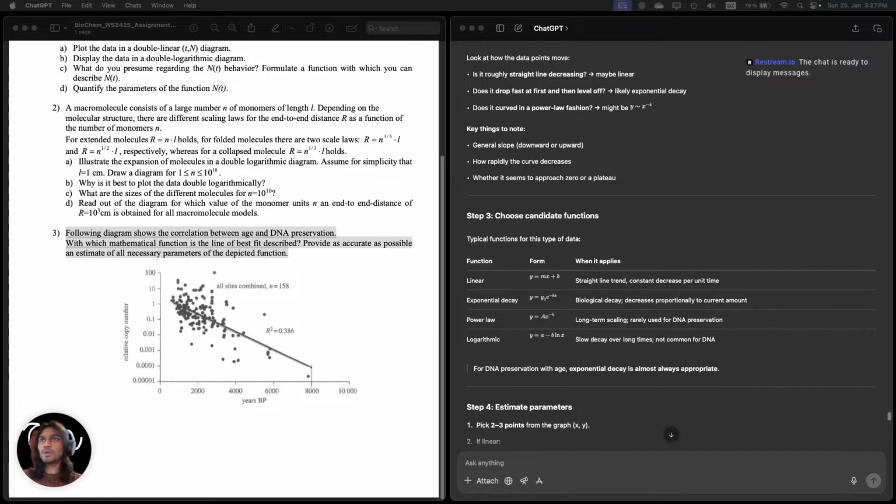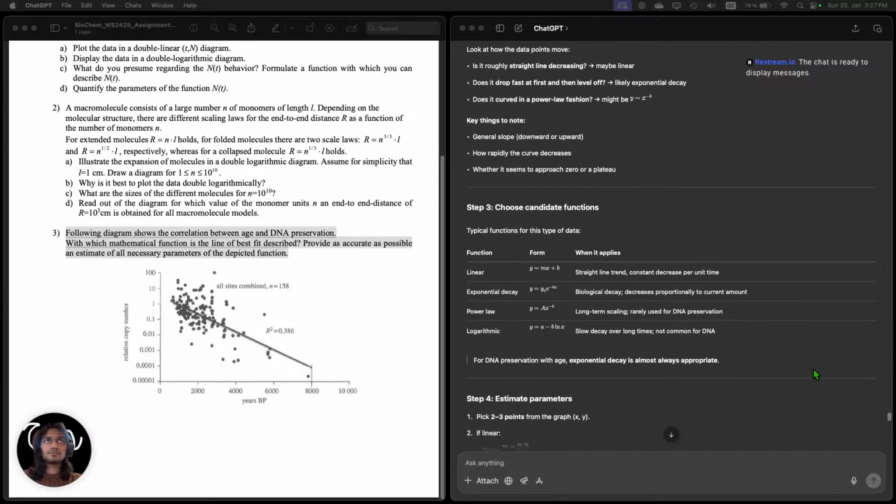Long-term scaling, rarely used for DNA preservation. Slow decay over long times, not common for DNA. For DNA preservation with age, exponential decay is almost always appropriate.